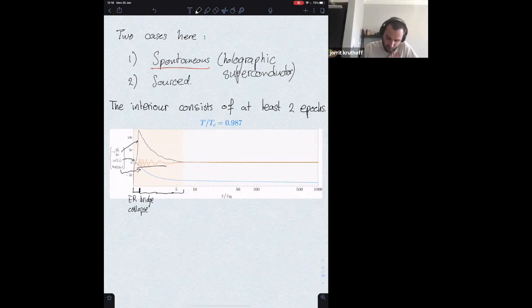The oscillations here of the scalar field depend precisely in the same way on that phase winding. And that's why we dubbed this regime the Josephson oscillations.